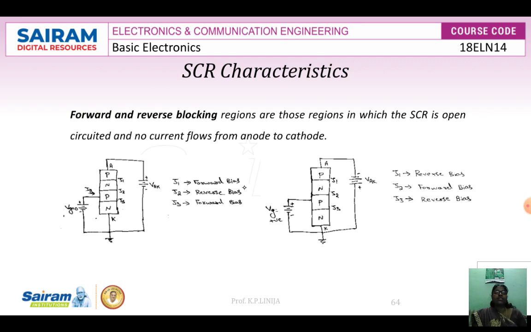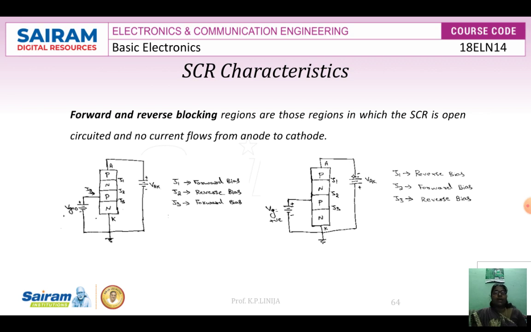And coming to the reverse blocking region, when negative voltage is applied to the anode and positive voltage is applied to the cathode, and Vg is equal to 1 volt or some minimum level of positive voltage is applied to the gate, then junctions J1 and J3 will be reverse biased.